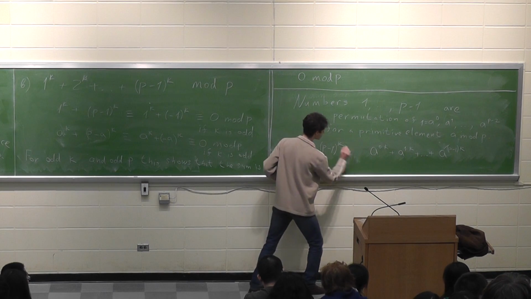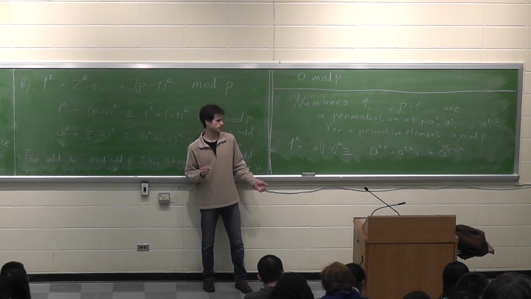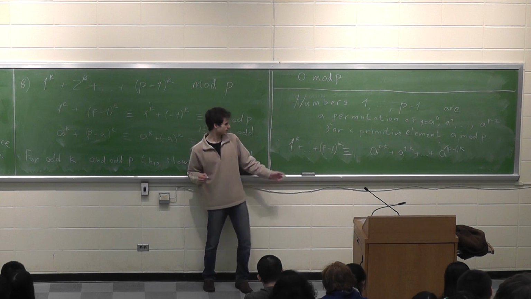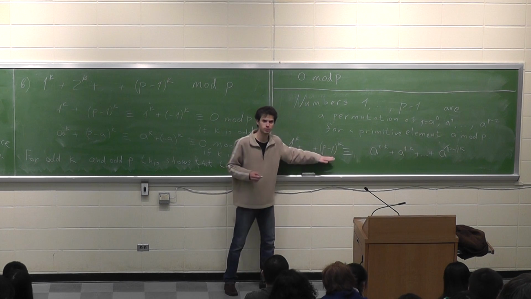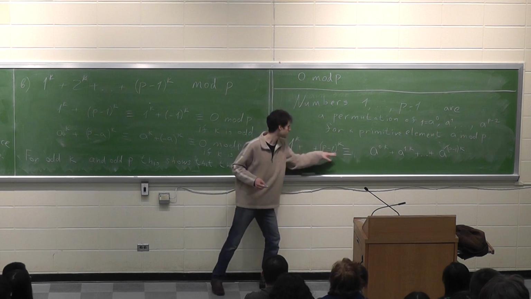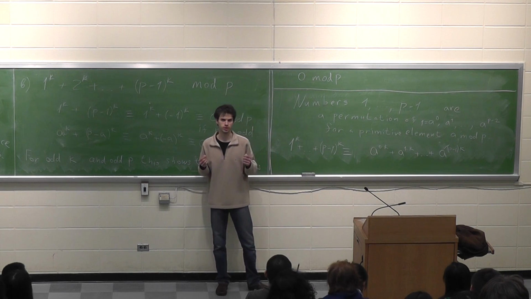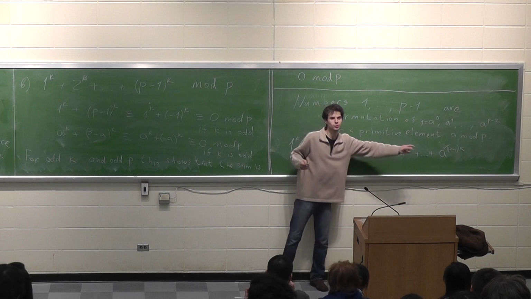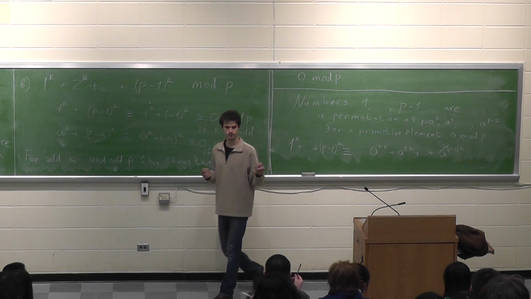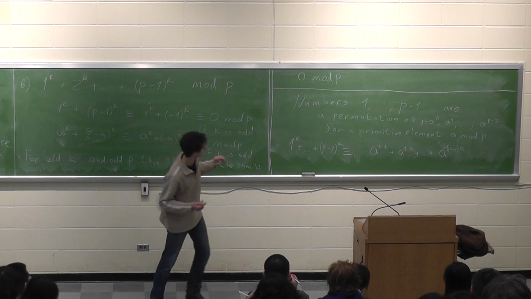Here of course it is just a congruence modulo p. Once again, these elements do not correspond exactly to the same things in the same order, but they do correspond to the same summands, perhaps in a different order. Every summand here is one of those, but you don't know which one.